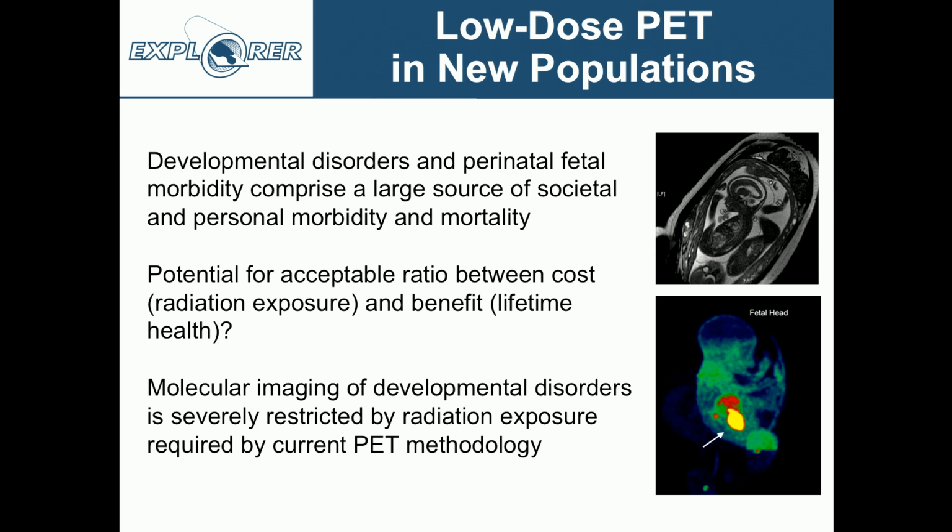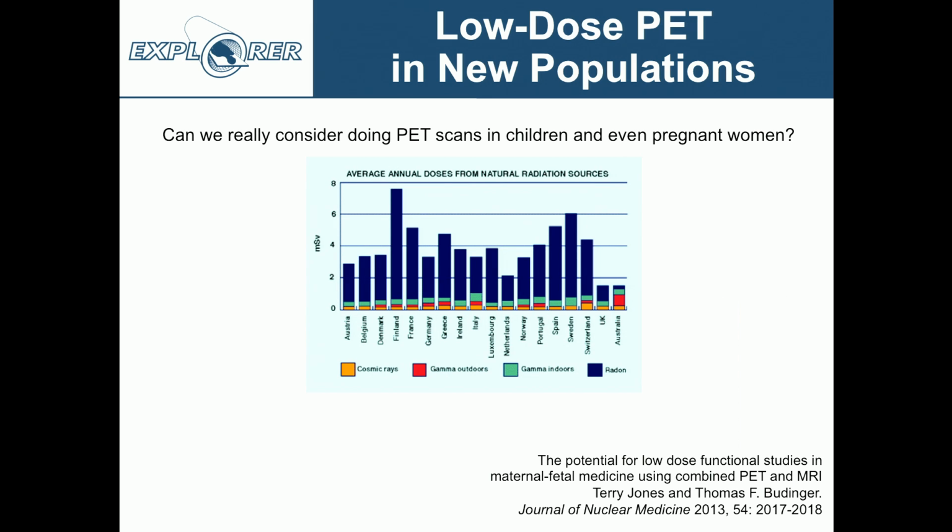And so we know that currently we're very restricted by radiation exposure. But when we start to talk about the doses we're thinking about here, this is the annual natural background in a range of different countries. You can pick your country of choice from the list here.